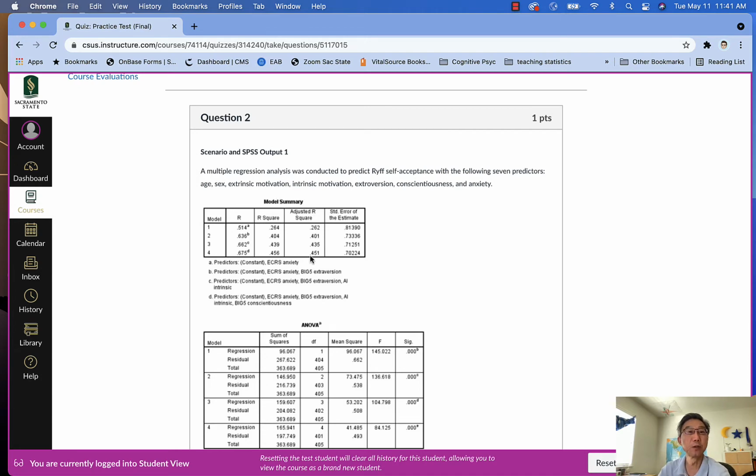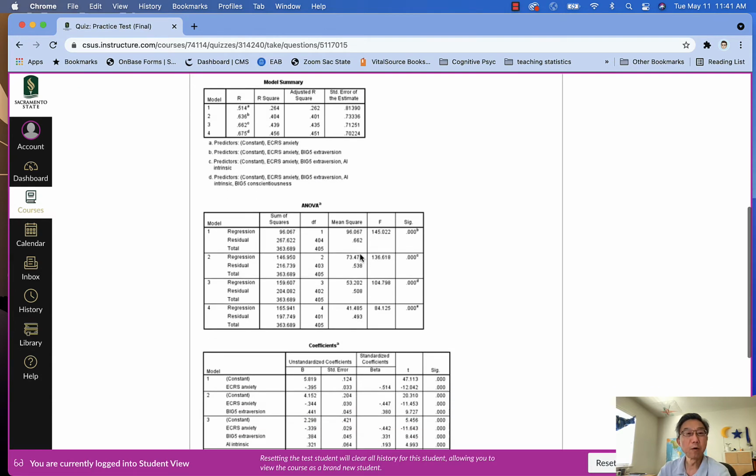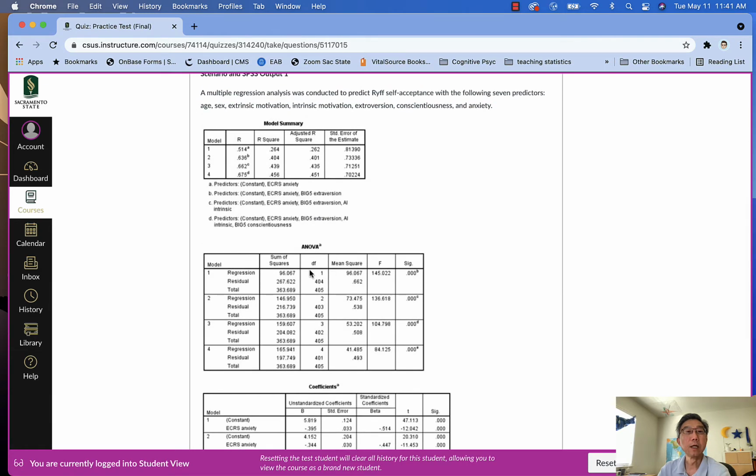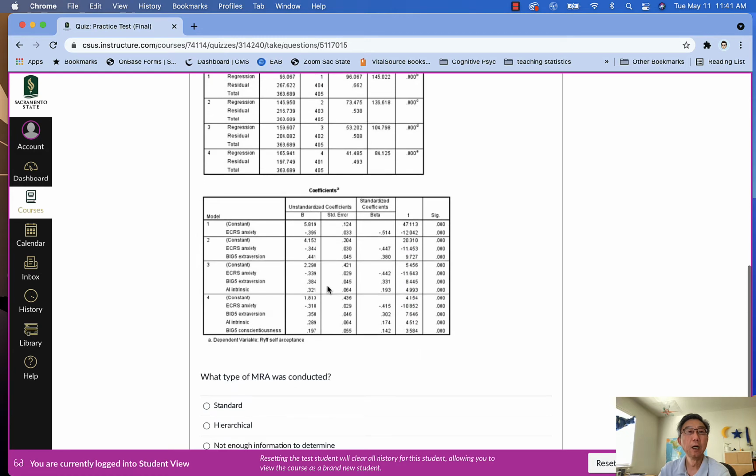It provides you with the model summary, the analysis of variance, ANOVA, and the regression coefficients. Now notice that we have 1, 2, 3, 4 models, statistical models. And that is actually quite important when it comes to answering those questions.